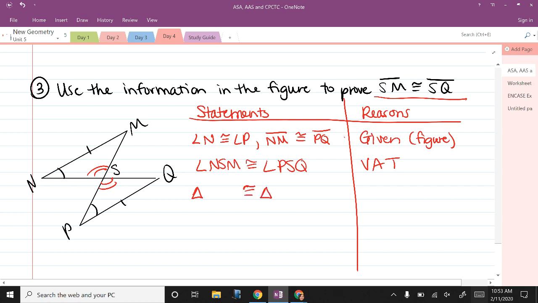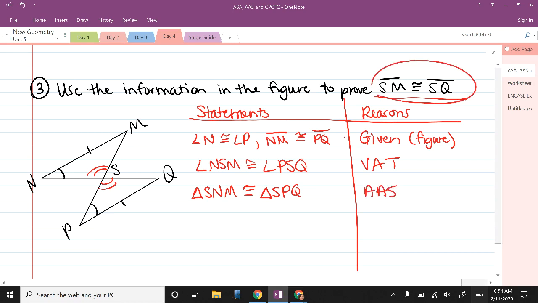Like I said, congruency statements are easier when you have more angles congruent. So angle S is congruent to angle S, right? Angle N is congruent to angle P, and that means M and Q are congruent to each other, right? Now, what reason do we say those triangles are congruent? Angle, angle, side.